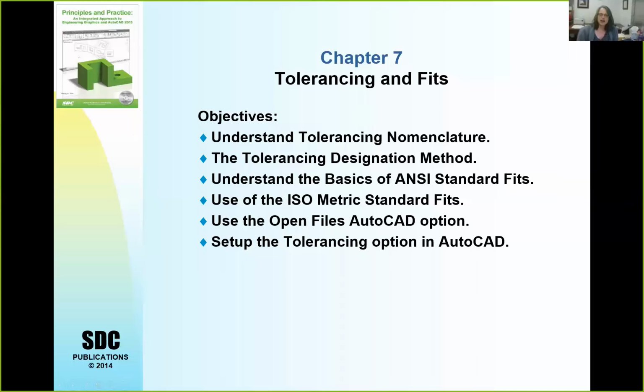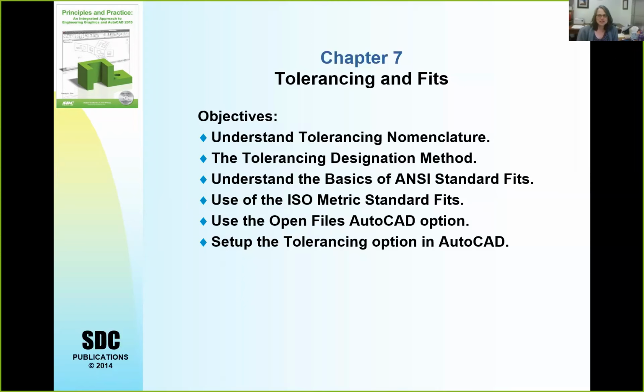They might know they want a close fit, or they know what they want the part to do, but they might need some collaboration in specifying the actual tolerance. This is an area that you as a drafter designer can really participate in and assist those engineers in their design.